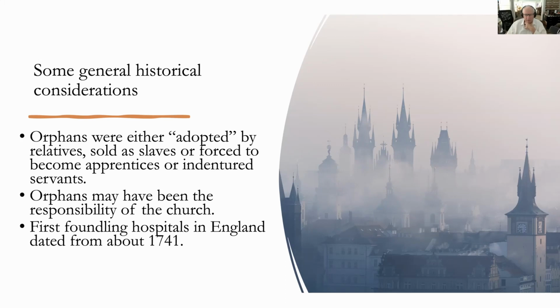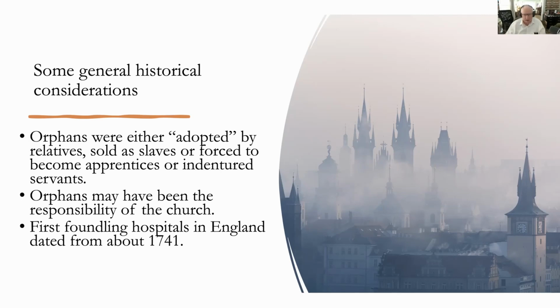Oliver Twist by Charles Dickens is an example of the kinds of things that happened in England. And that began in 1741. So this was the earliest time in Western European history that orphans were addressed with more than a family and limited area type attitude.